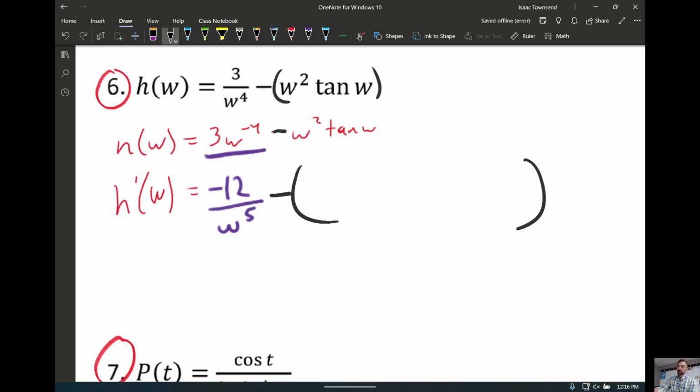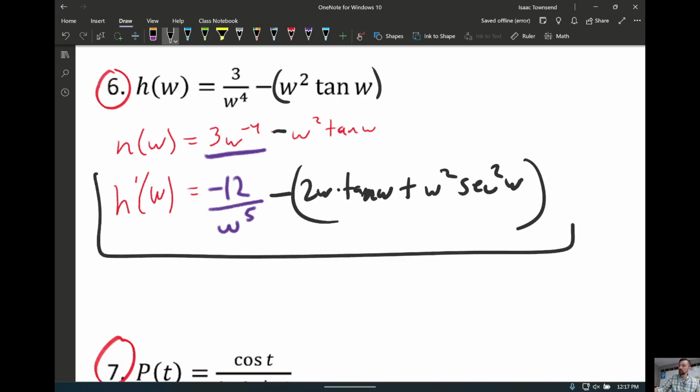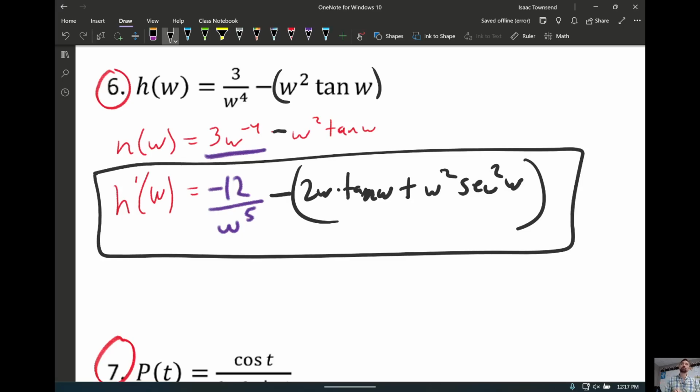So you had to take the derivative of w squared, which is 2w, times tangent of w left alone, and then plus, now you're going to leave w squared alone and take the derivative of tangent, which is secant squared. All of that makes up the derivative. You guys okay with why I did product rule there and where the pieces of product rule came from?